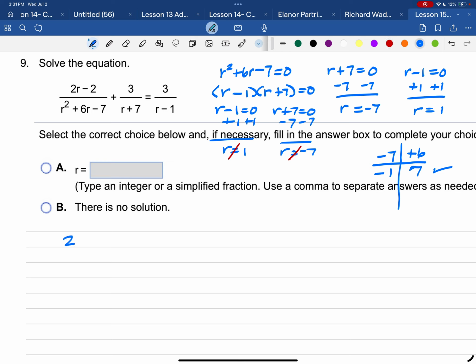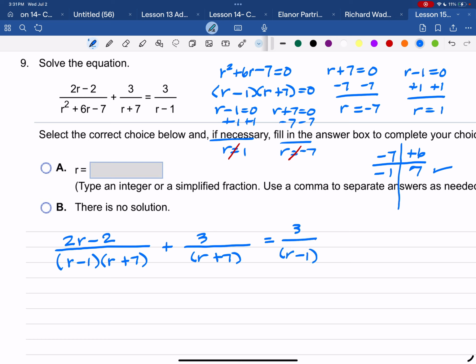So I have 2r minus 2, and since I've already factored that denominator, let's put it in factored form. (r - 1)(r + 7), plus 3 over (r + 7) equals 3 over (r - 1). And I know that it's just much easier if you put binomials in parentheses. You make fewer mistakes. So I just went ahead and did that.